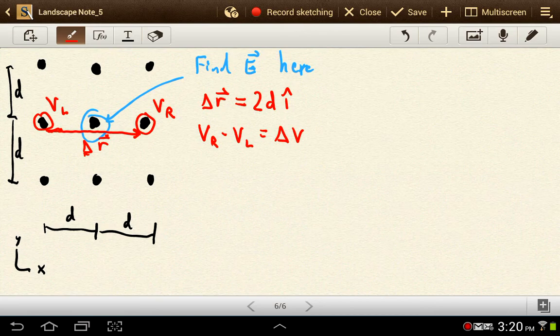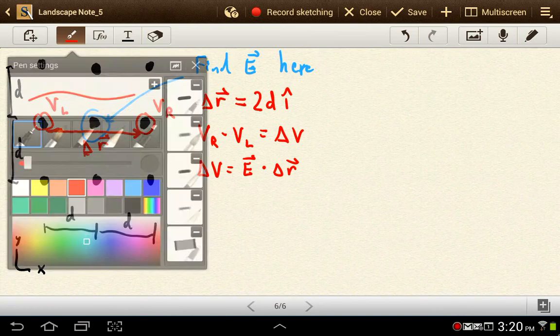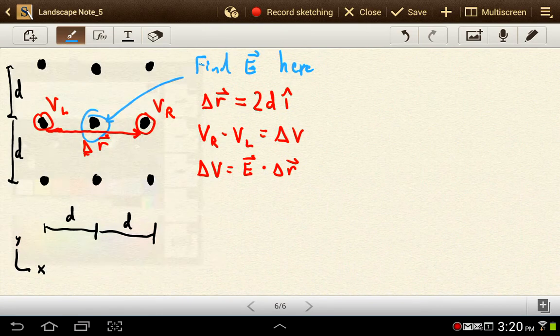So now plugging this in, delta V equals E dot delta R, right? Now we don't know what the electric field is, so I'm going to have to represent the electric field in a general form. I'm going to go with blue here so my colors can work out neatly.